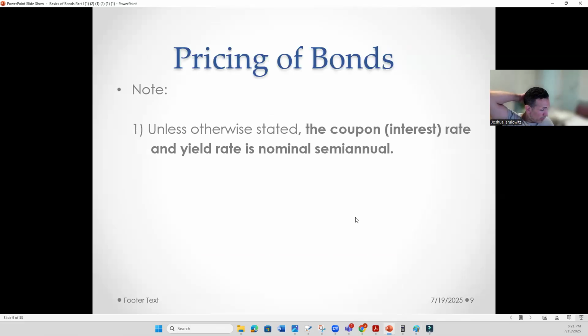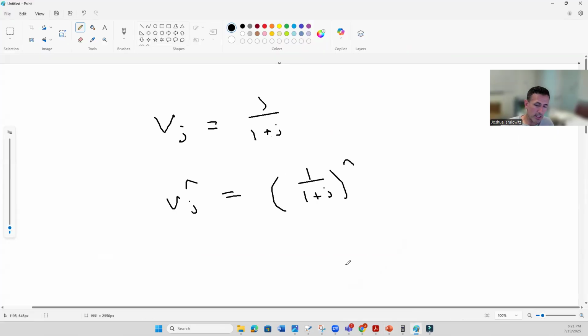So a few things to take into account. Unless otherwise stated, we are given coupon rates, sometimes called interest rates, as a nominal semi-annual rate, and the same thing for yield. So a lot of times you'll be given r^(2). r would be my coupon rate.